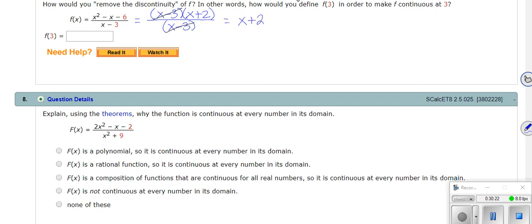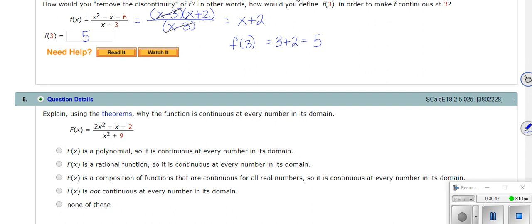Well, what is f of 3 when we've redefined f of x as x plus 2? Well, that's got to be 3 plus 2 or 5. Okay, so first you have to simplify the rational expression.